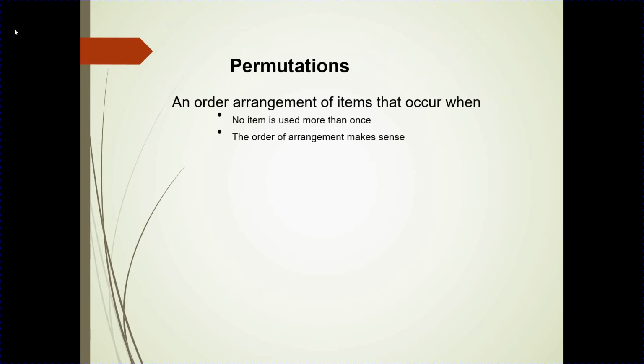Now let's go to permutations. An ordered arrangement of items that occurs when no item is used more than once, and the order of arrangement matters. In this case, we are going to use permutation. So to find the number of possible permutations if r items are taken from n items, we are going to use this formula.